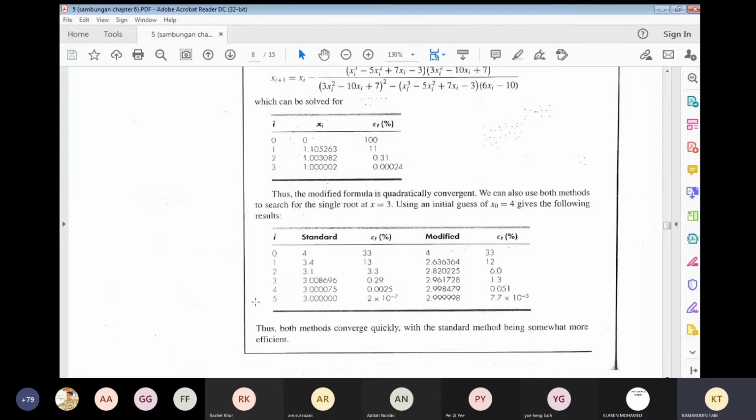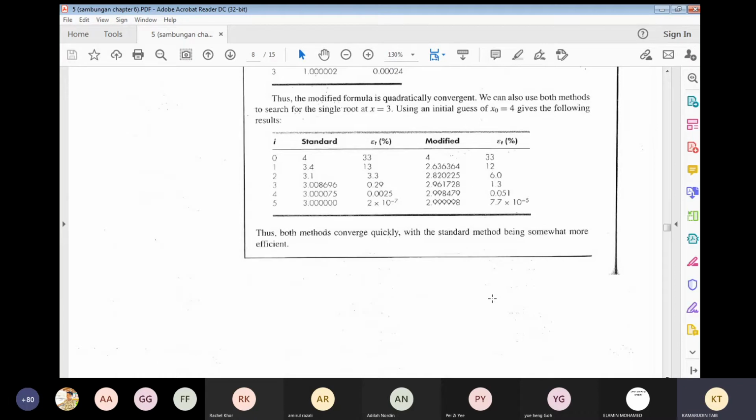Okay, because by the 5th iteration of the standard method, we got the answer of 3.0060, with a true error of 0.00607. Whereas here, the modified method gives a different error.